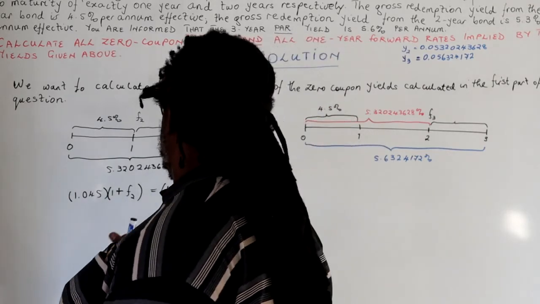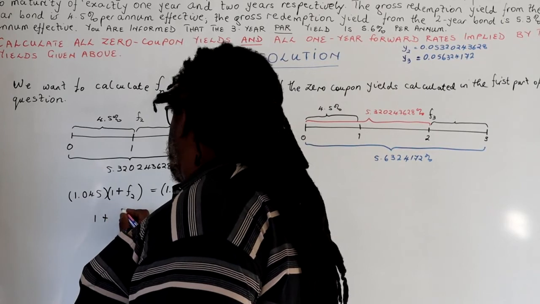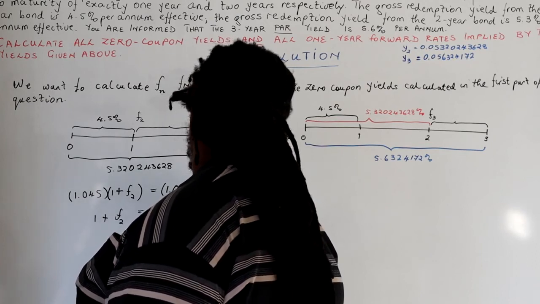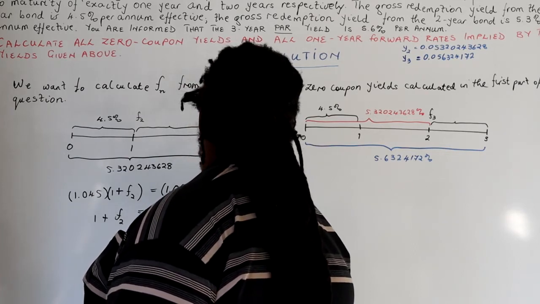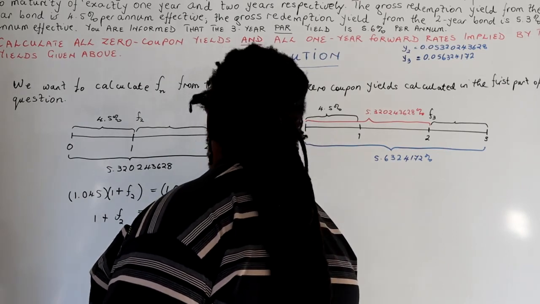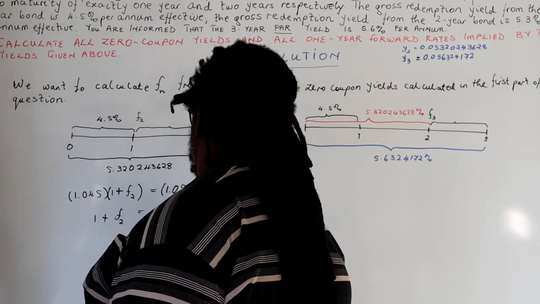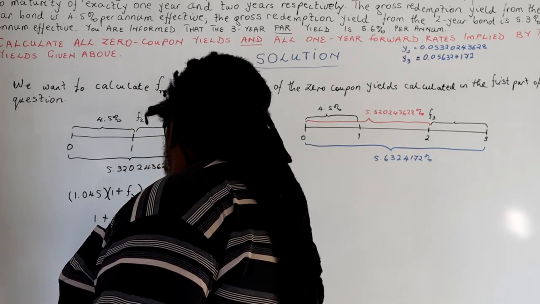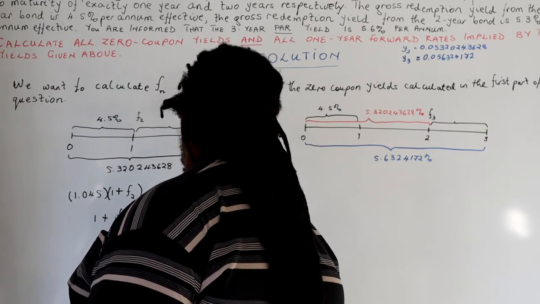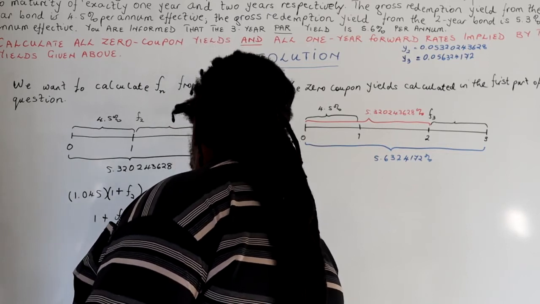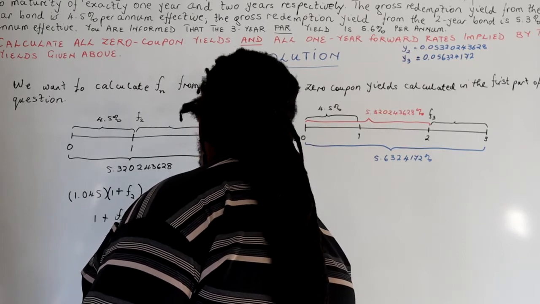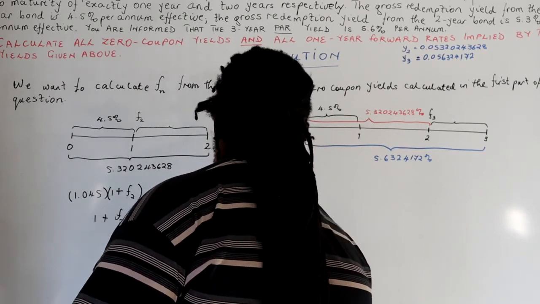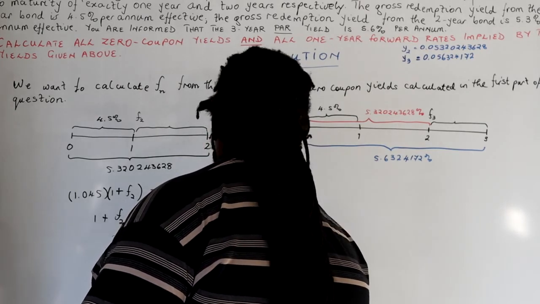So then what this means is we will have here 1 plus F2 equals to 1.05320243628 squared divided by 1.045, and therefore F2 equals to 1.05320243628 squared all over 1.045 minus 1.